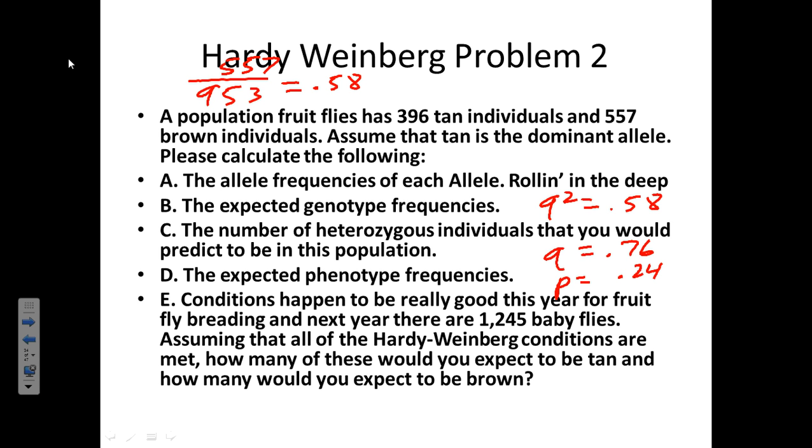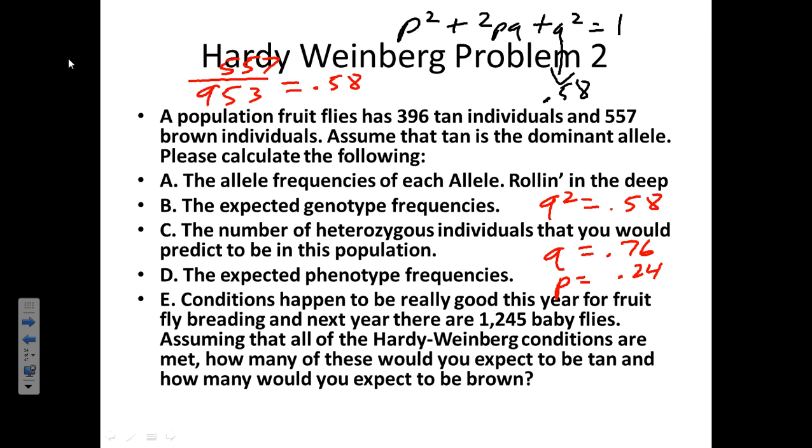We just answered the first question. q is the frequency of which allele? Recessive. p is the frequency of the dominant. The next part: calculate the expected genotype frequencies. Remember, it's p squared plus 2pq plus q squared equals 1. So the genotype frequencies are homozygous dominant, heterozygous, and homozygous recessive. We already have the homozygous recessives, 0.58.